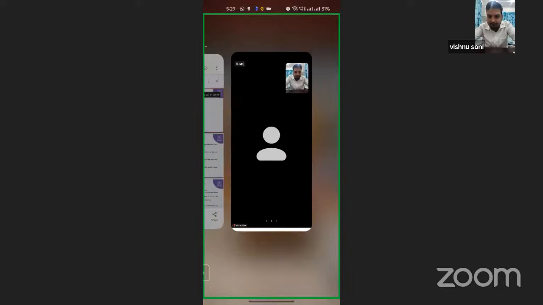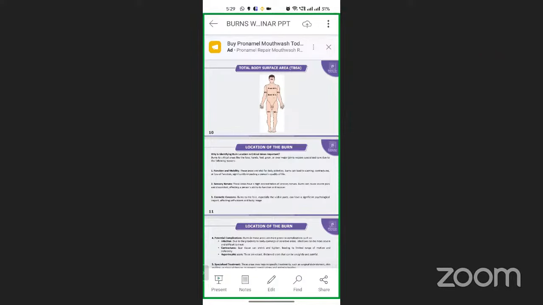Yes. So this is the rule of 9. By this you can assess total body surface area burnt. TBSA is nothing but total body surface area burnt. Another rule is the rule of palm. Okay, so that is the rule of 9. We'll go back to our slides.